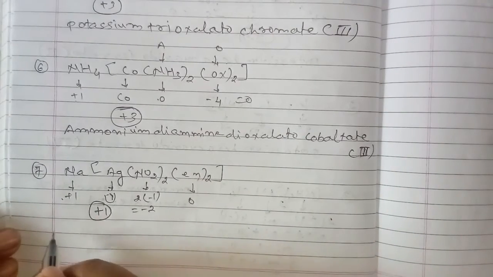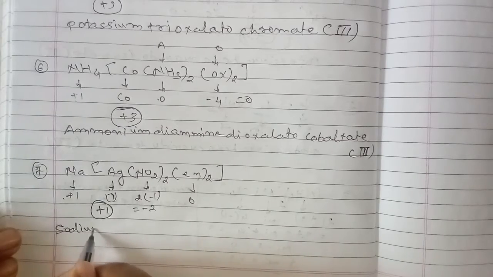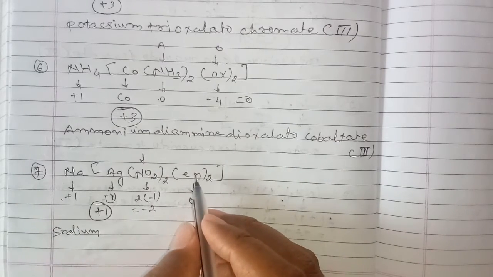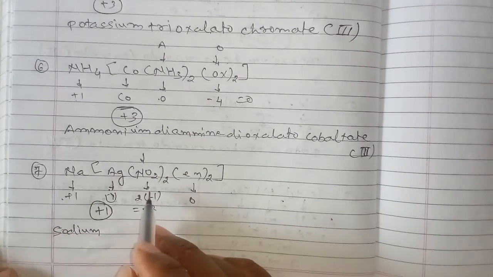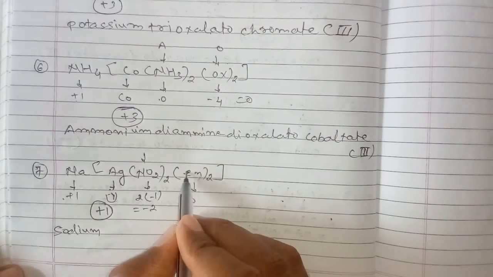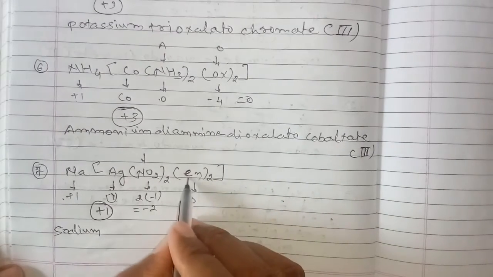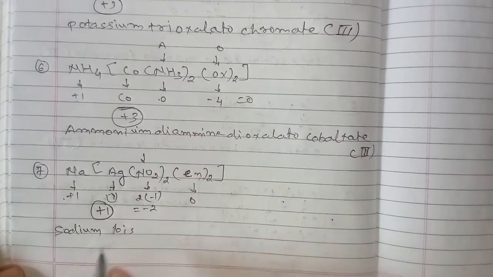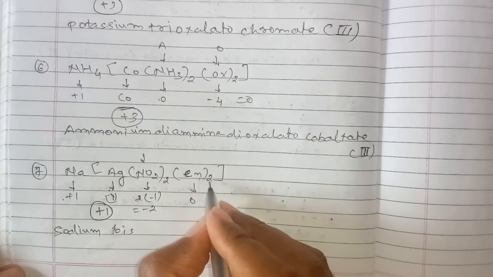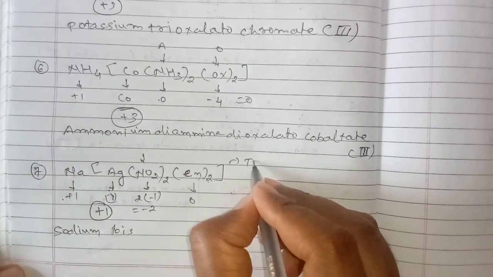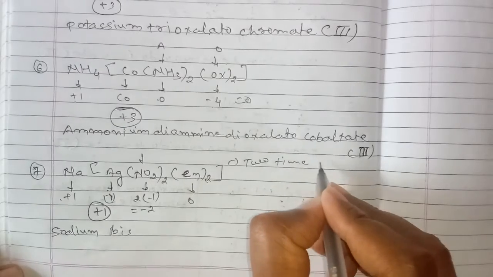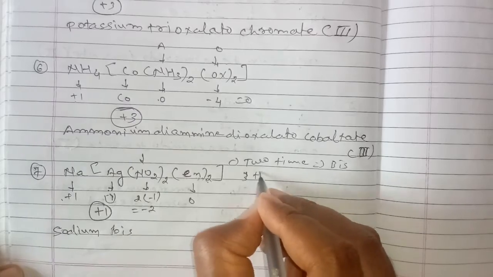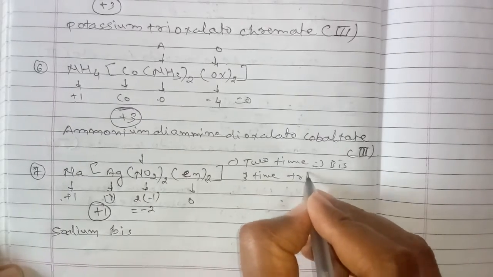Now the name is sodium, and then ethylenediamine. But in this case, whenever it is ethylenediamine two times, it is named as bis, or if 3 times, it is named as tris.